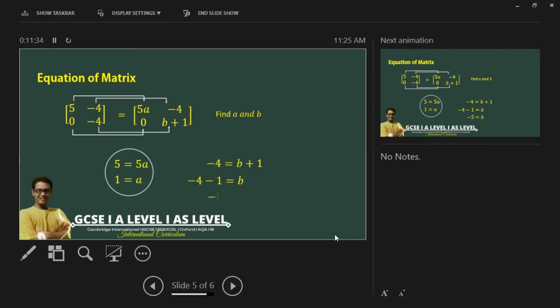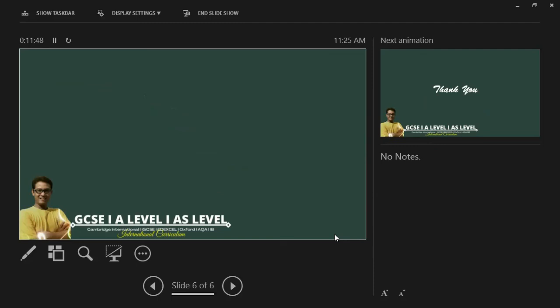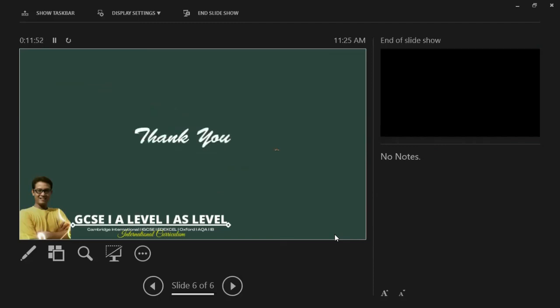So what's b? The answer is b is minus 5. We call this an equation of matrix. Is it easy, everyone? That's very easy. Okay, students, thank you very much. This is our material on adding and subtracting matrices.